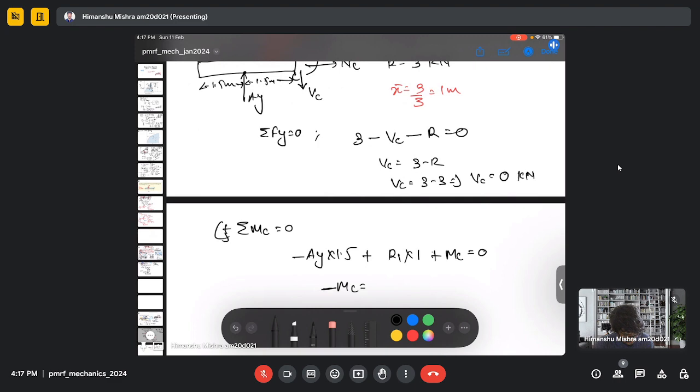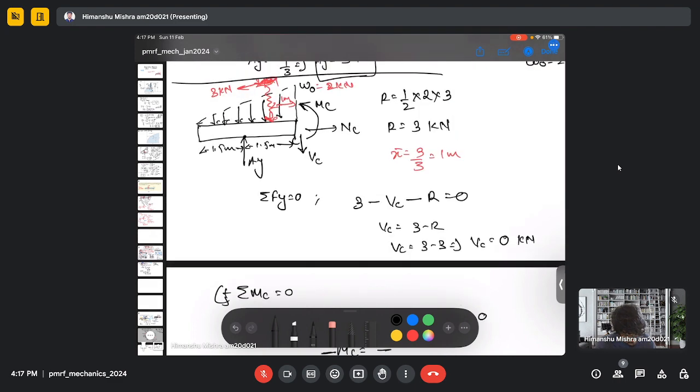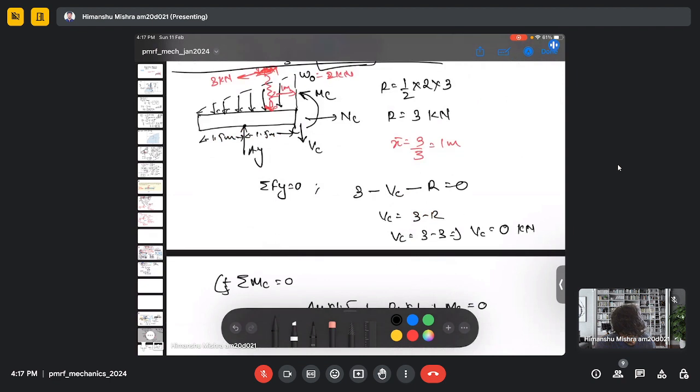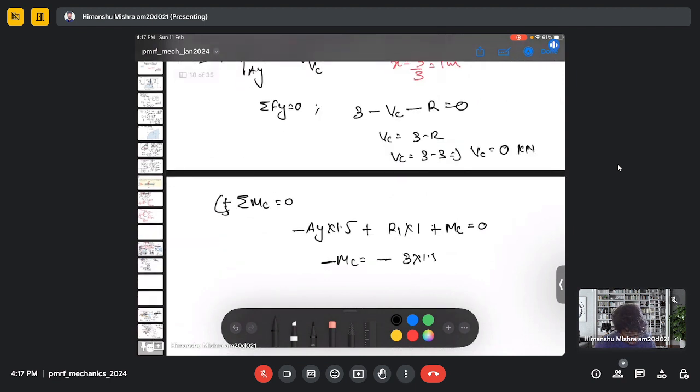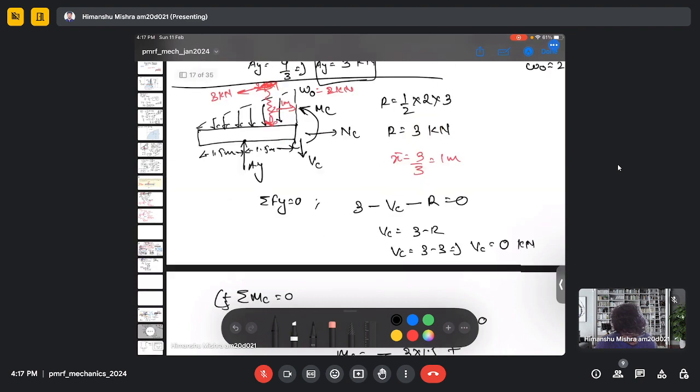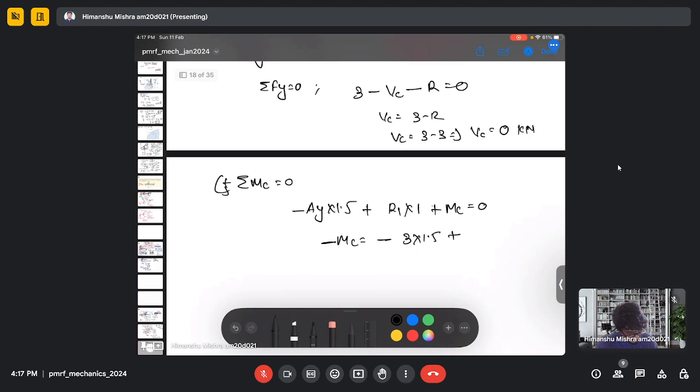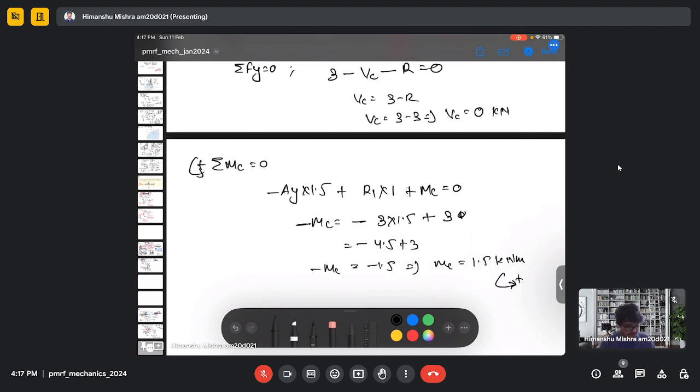So the moment at C will be AY is 3 kilonewton, 1.5, R is again 3 kilonewton, so my moment is 1.5 kilonewton meter in the counterclockwise direction.